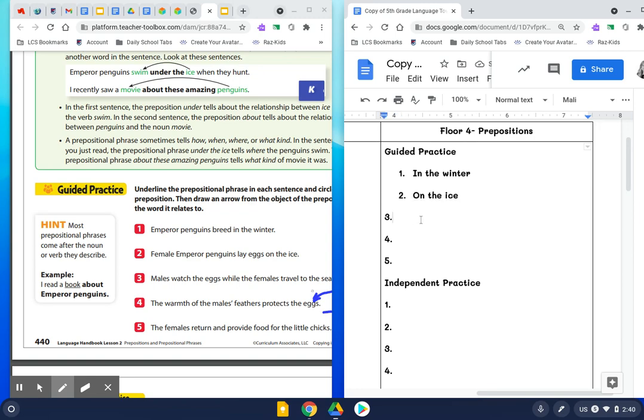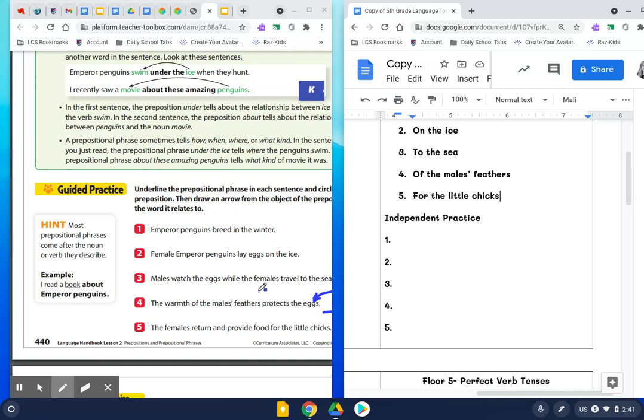Number 3, to the sea. Number 4, of the male's feathers. And number 5, for the little chicks. Those are the prepositional phrases from the guided practice.